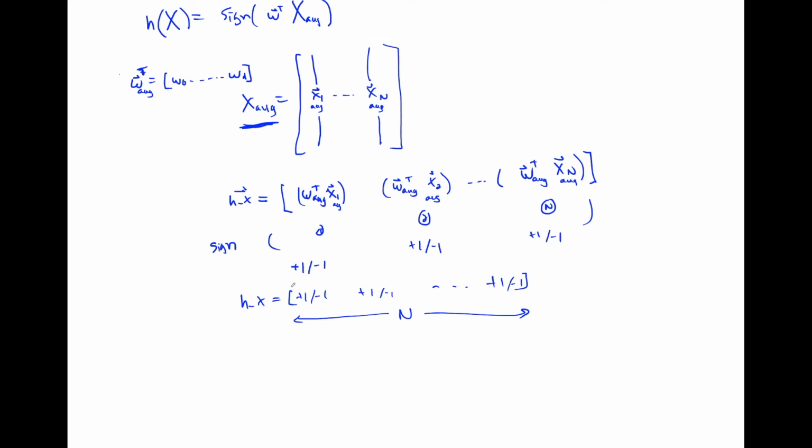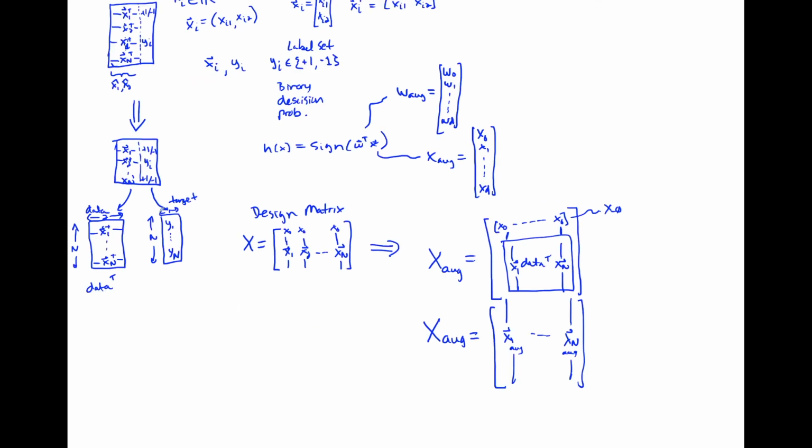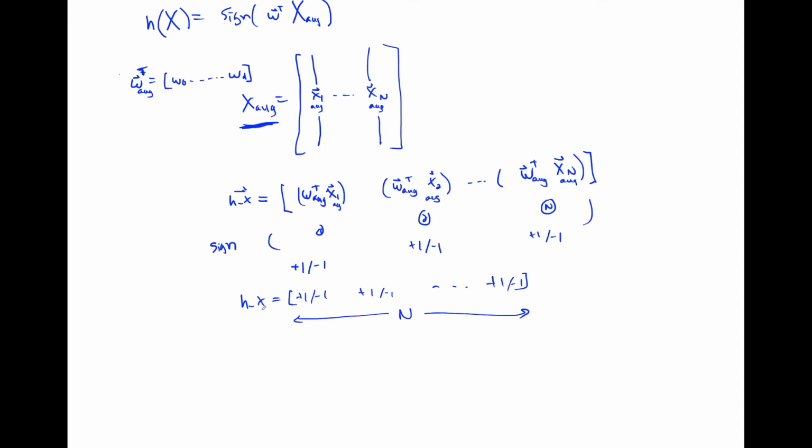So if we want to know where the hypothesis disagrees with the target function, we go back to this target value and we compare the target value with H of X. So essentially we want to find all those indices where H of X is not equal to the target vector.